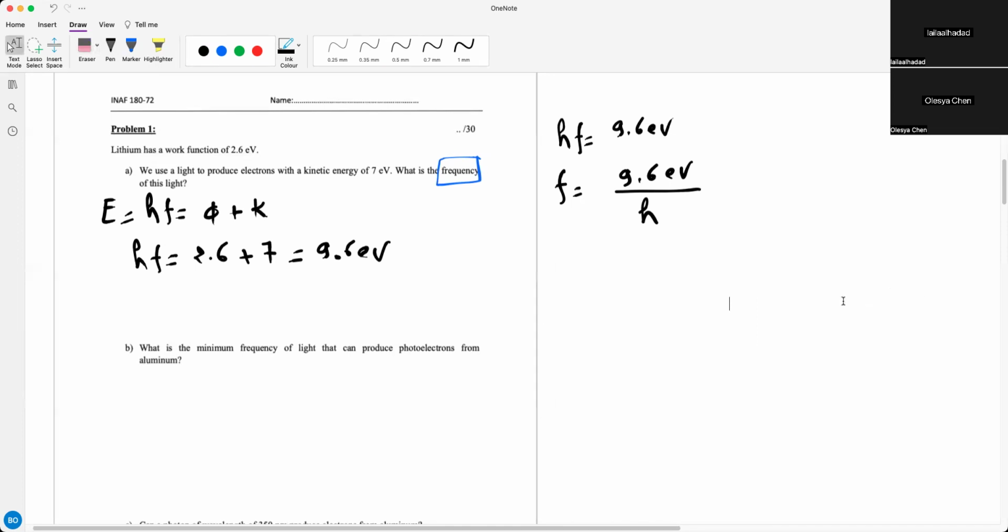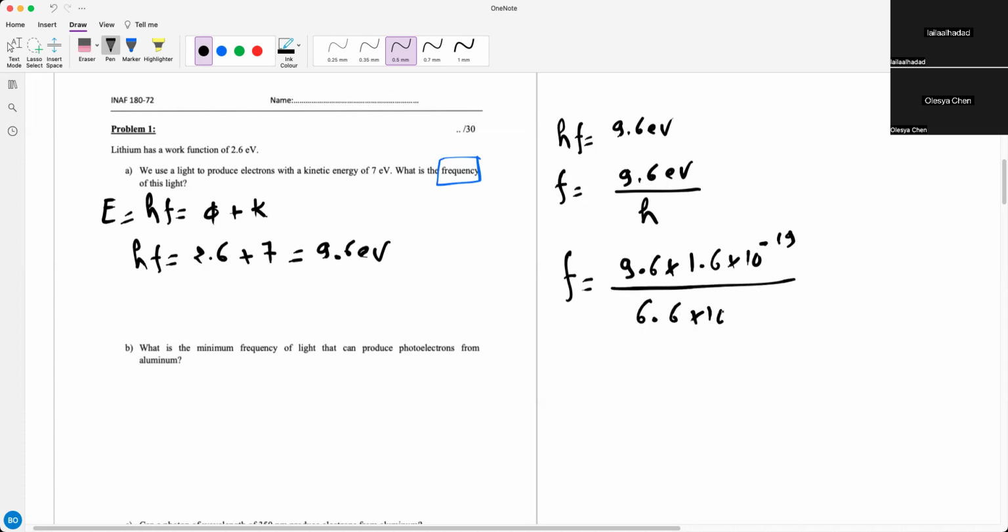I hope it is clear for everyone. So the first thing you have to convert. How to convert electron volt to joule? You multiply 9.6 by 1.6 times 10 to the minus 19. Yes, it is given. Divided by Planck's constant. Very good.